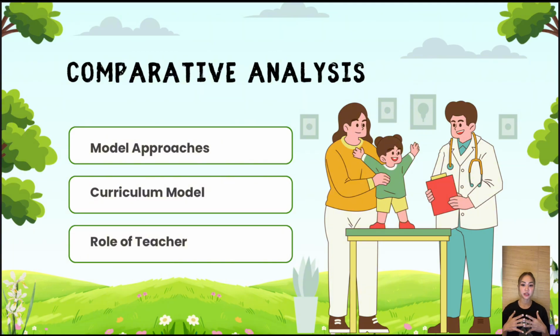The similarities of these three models, the Montessori model, the Reggio Emilia model, and the HighScope model, are that they are focused on child-centered learning, and each model supports hands-on learning and experiential exploration.